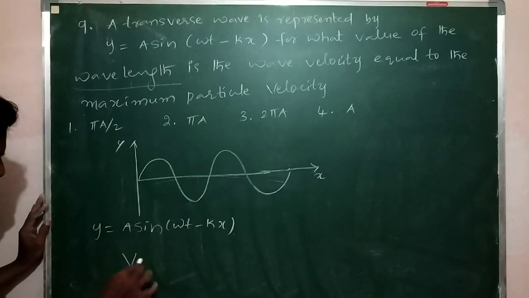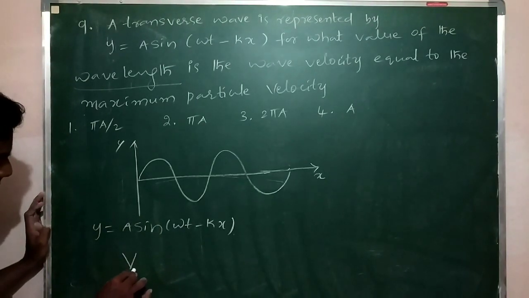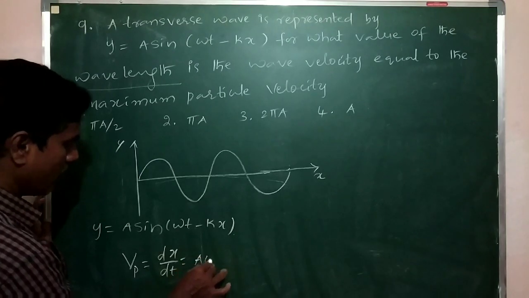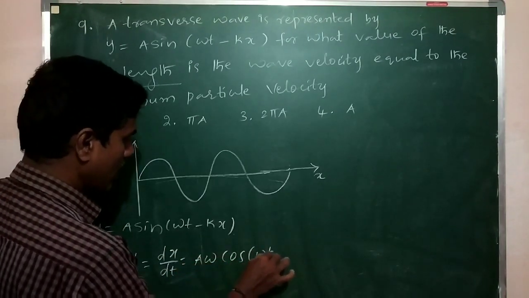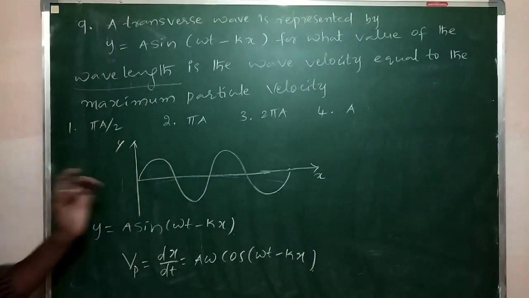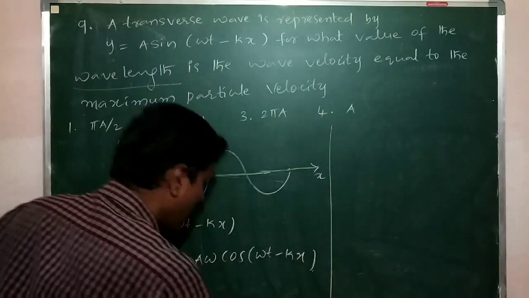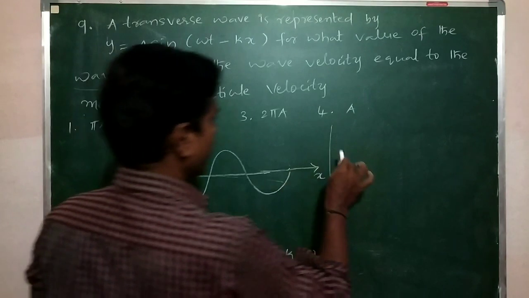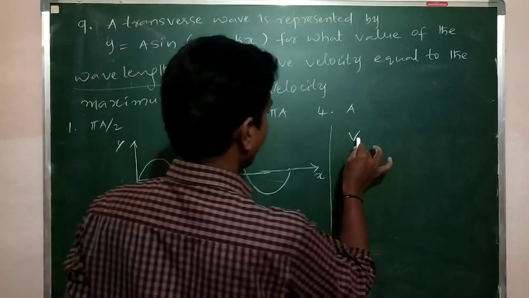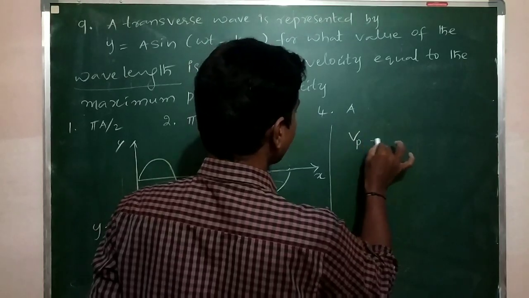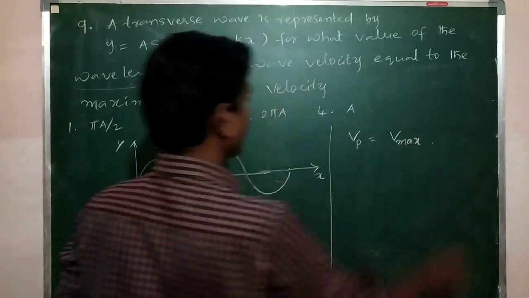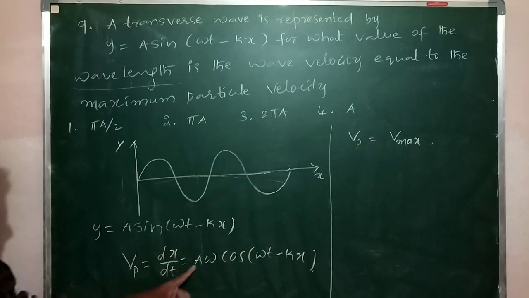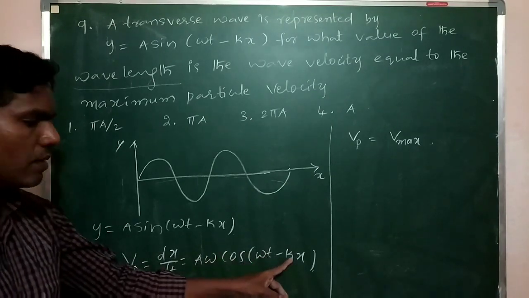So the velocity of particles is equal to dy by dt, which is equal to A omega cos of omega t minus kx.